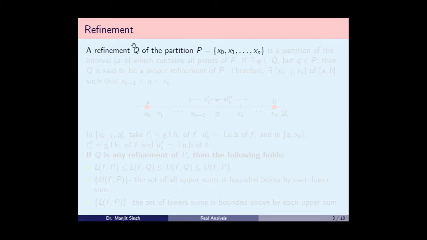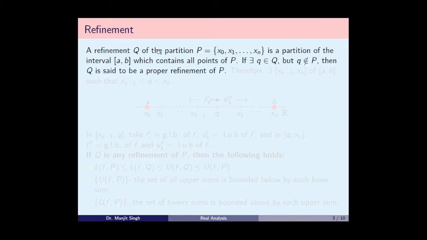Refinement of a partition. A refinement of a partition is a partition of the interval AB which contains all points of P. So if Q is a refinement, then it contains all points of P. Q will be a proper refinement if it contains more points than P. If there is a point q in Q which is not in P, then there exists an interval in which q lies.